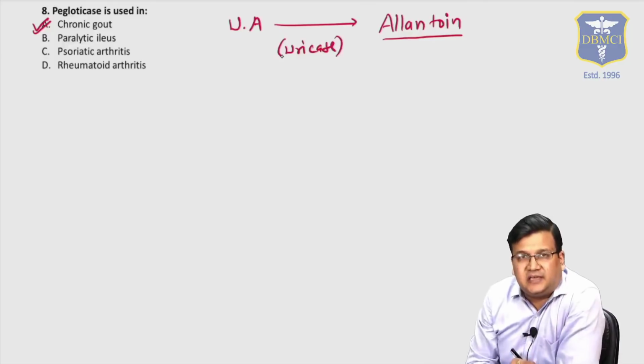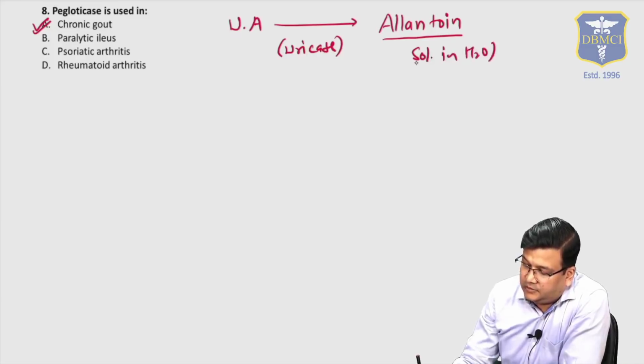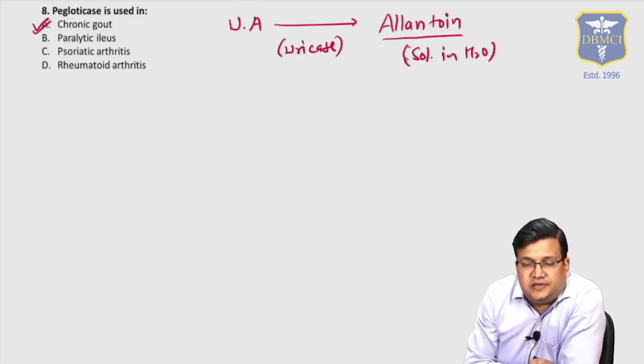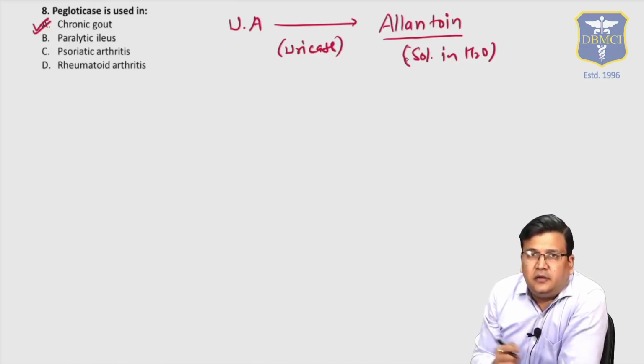So uricase enzyme can convert uric acid into allantoin, and allantoin is soluble in water or urine, so easily excreted. So that is the property of uricase enzyme, to convert insoluble uric acid into soluble allantoin, so it can be excreted easily in urine.